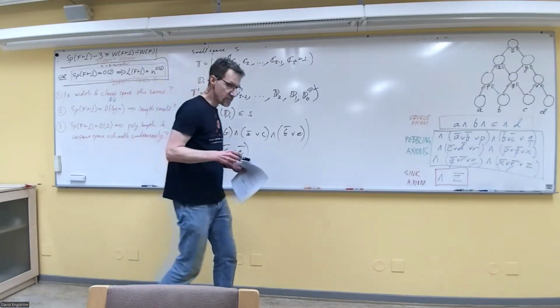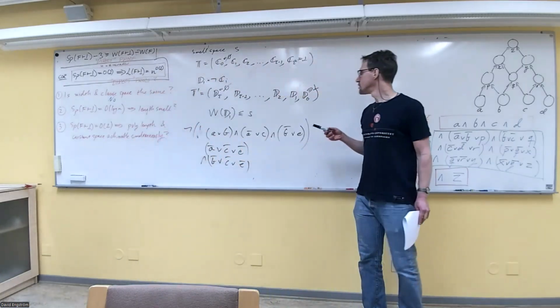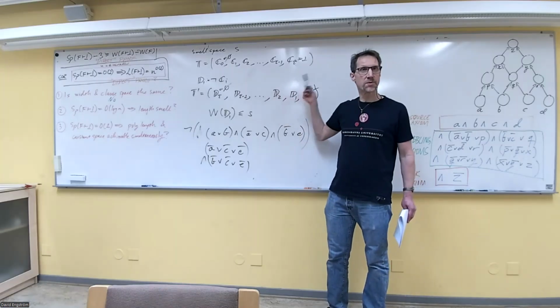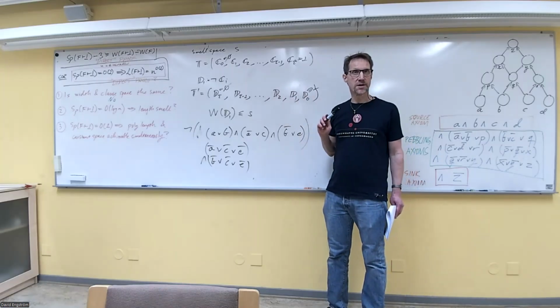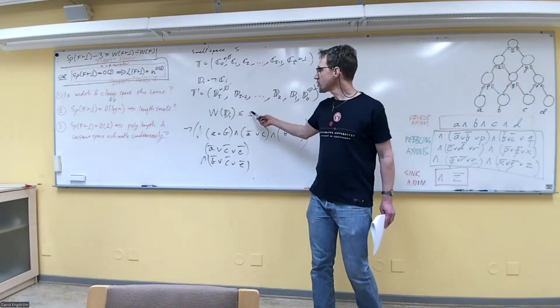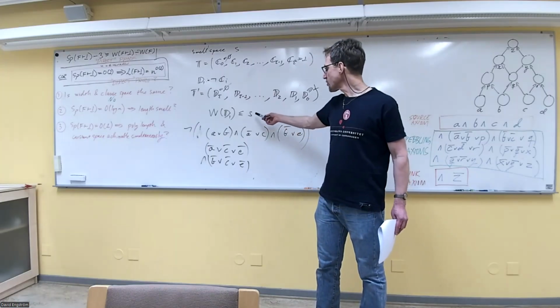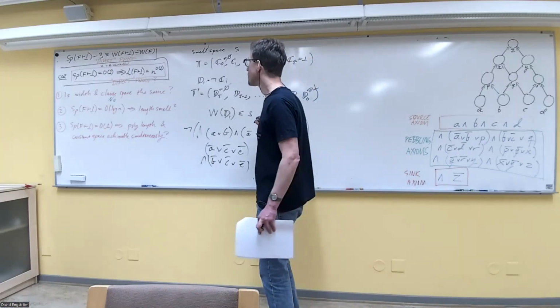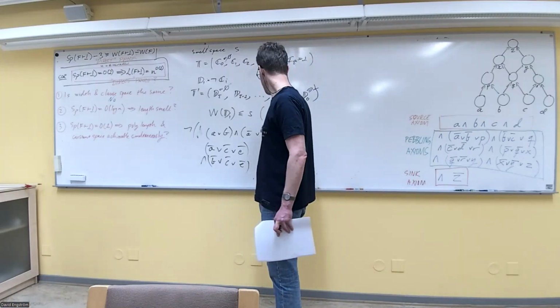So all you need to do now is to argue that you can patch this up to be a true resolution refutation. And you need some extra width here. How much are you going to get?